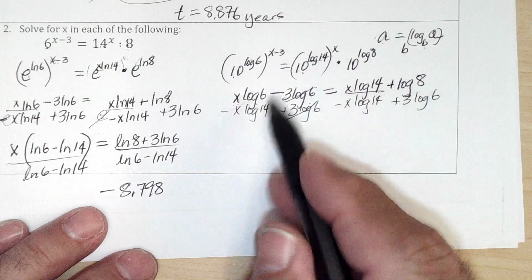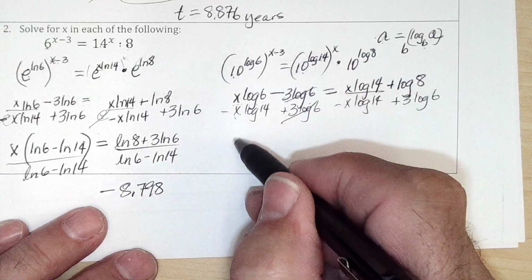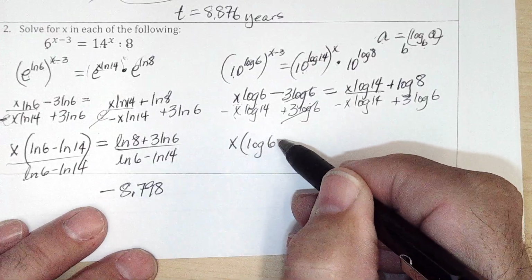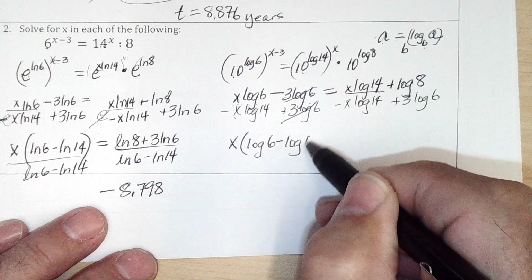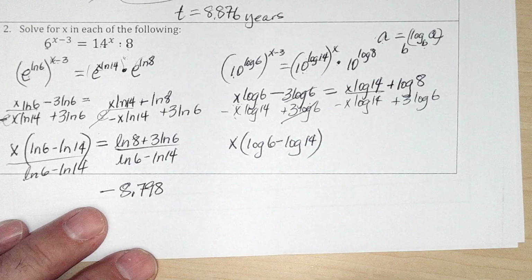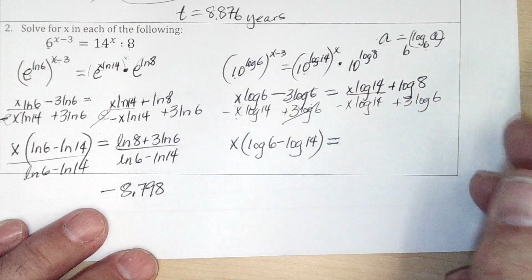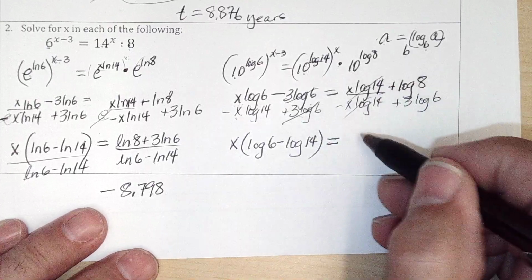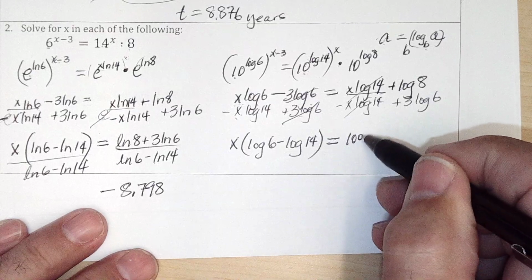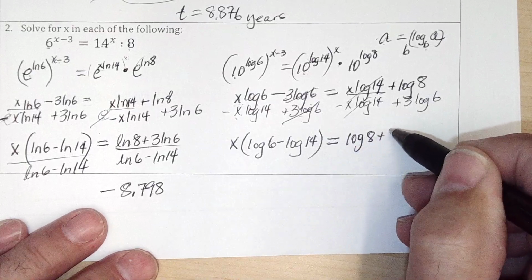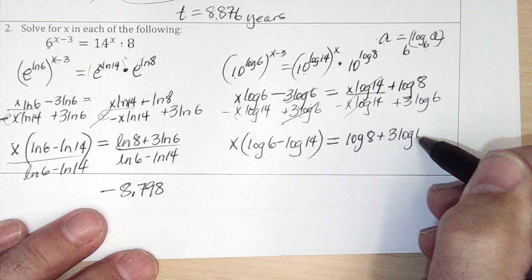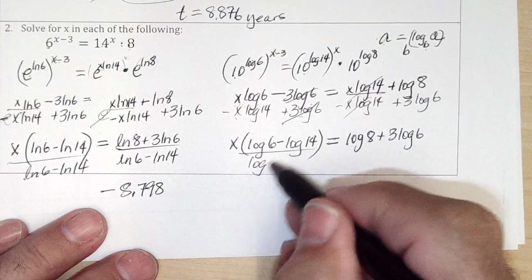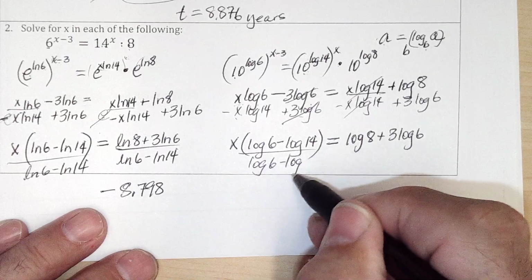These are gone. There's an x in both, so this is x times log 6 minus log 14 equals, these are gone, I have over here log 8 plus 3 log 6. Then I divide by log of 6 minus log 14.